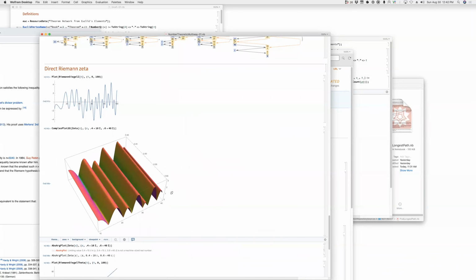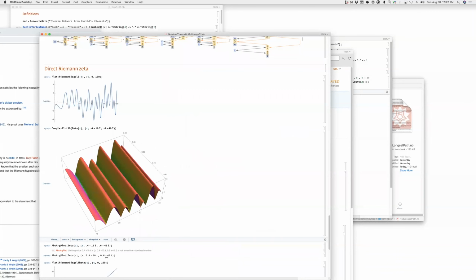Oh, I'm confused here. If I were to plot, oh, I see, this would be a useful plot. Okay, hold on. A half plus I times t.